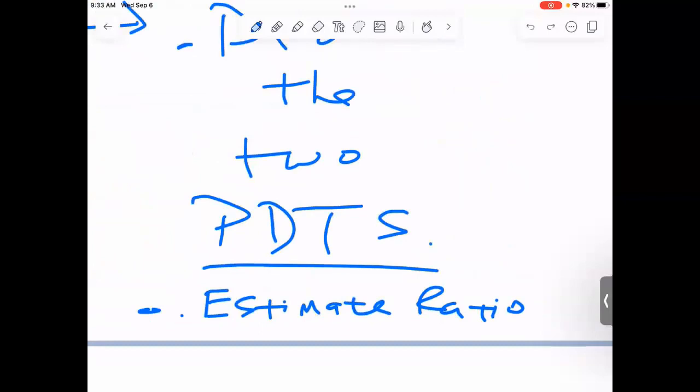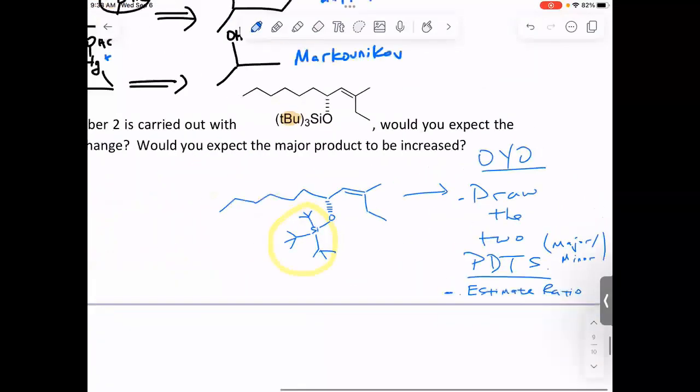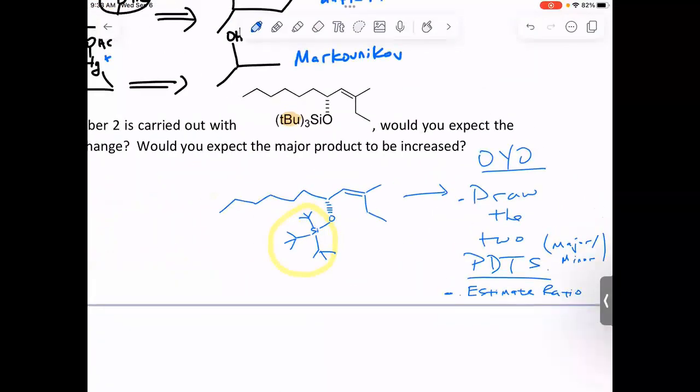Thank you, Russell. Major and minor. Draw those 2 products and then you can estimate a ratio.